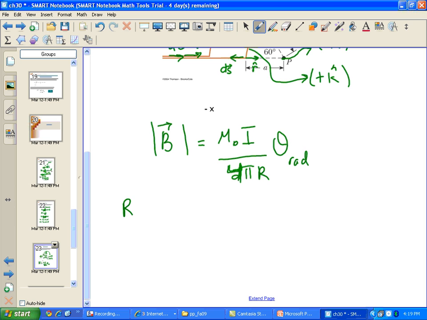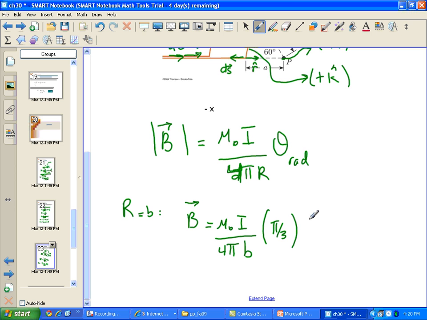In other words, when capital R is equal to B, we get B equals, and I'll write this as a vector, this time we'll include the direction, mu naught I over 4 pi times B, theta in radians is pi over 3, and the direction is minus k hat.